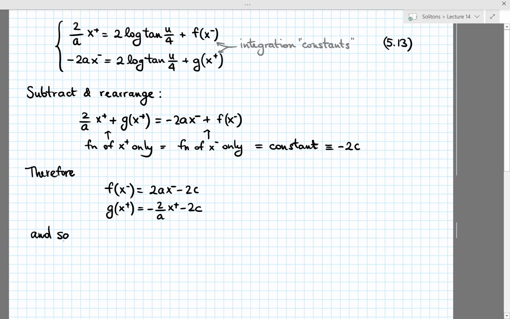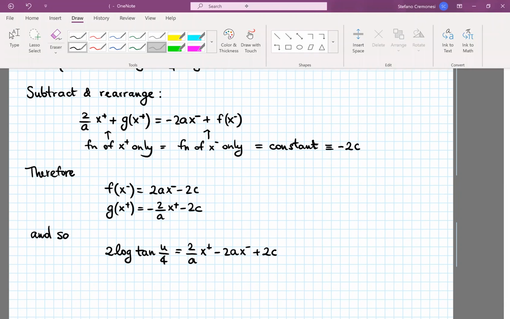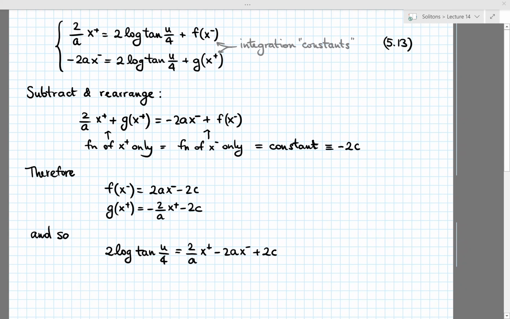And so if we plug this back into equation 5.13, we find that 2 log tan u over 4 is equal to 2 over a x plus minus f of x minus, so we get minus 2a x minus plus 2c.